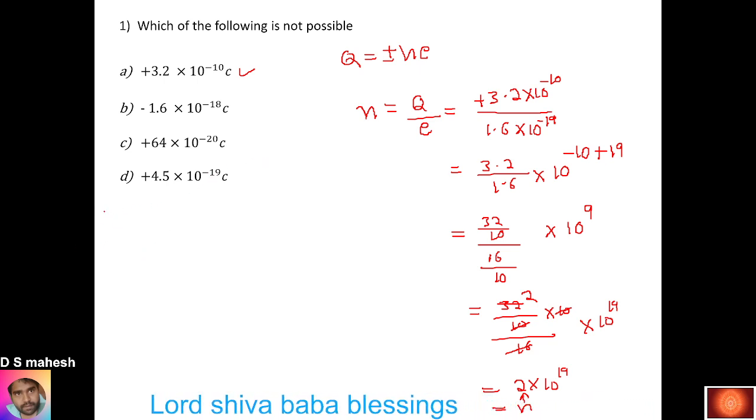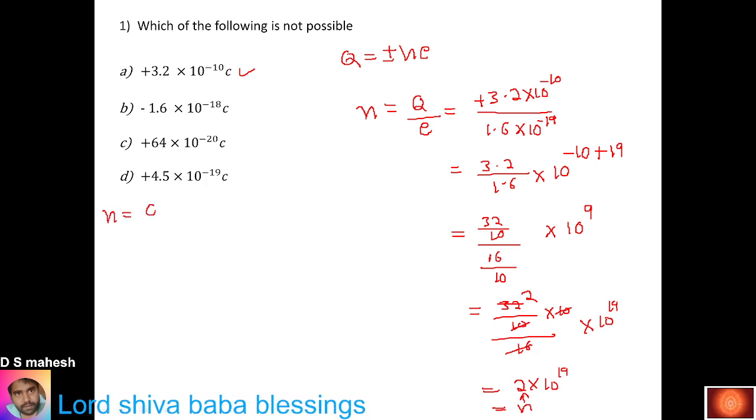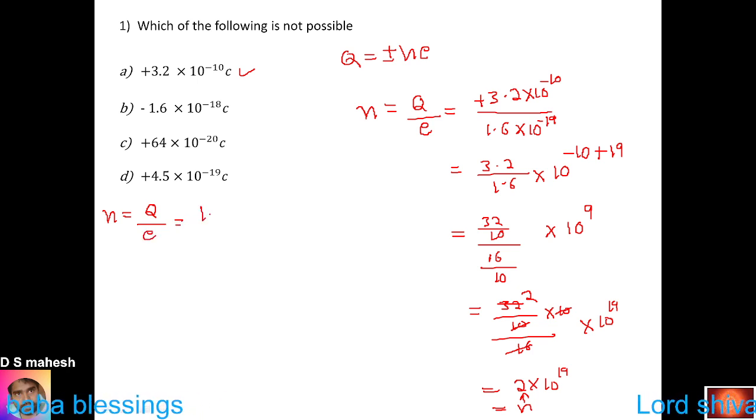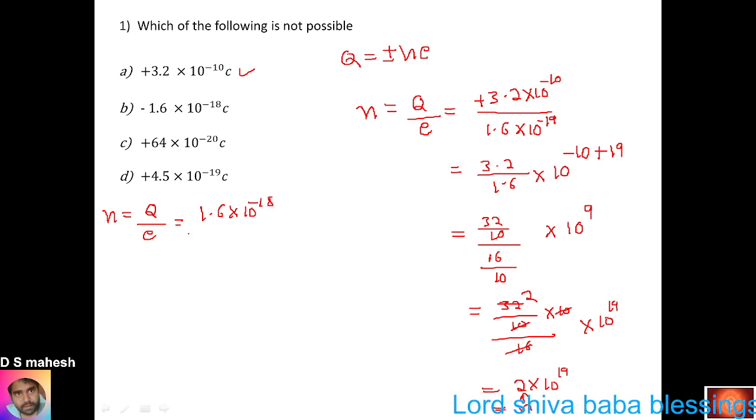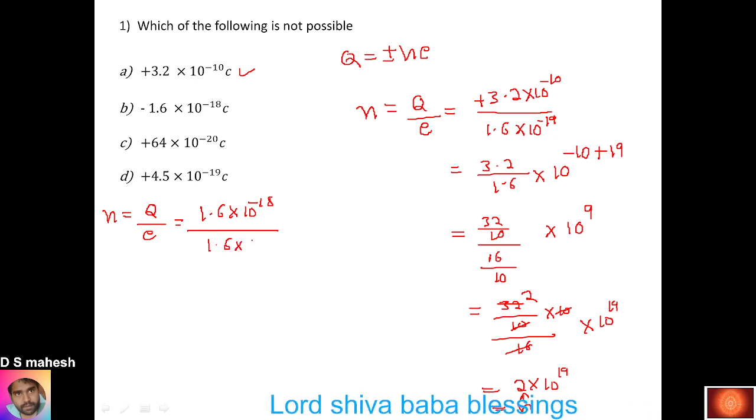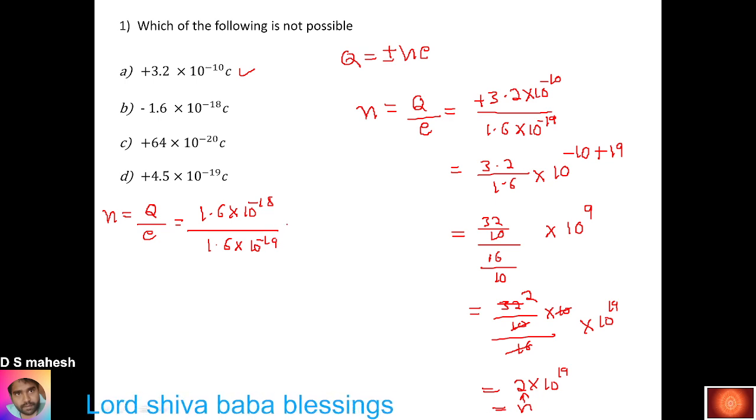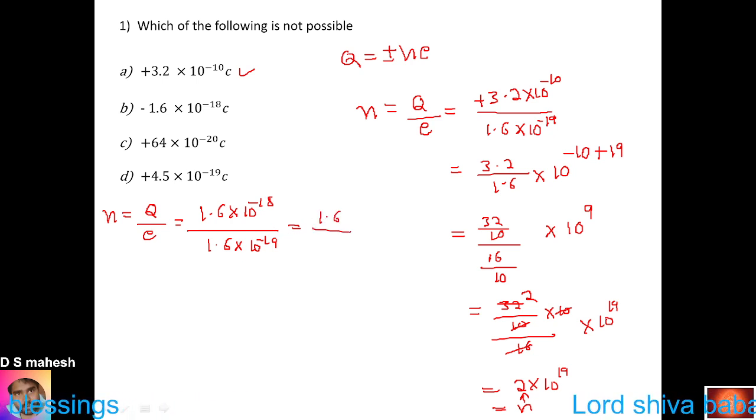N is equal to q by e. So it is 1.6 into 10 to the power of minus 18 divided by, again e is how much, 1.6 into 10 to the power of minus 19. So first solve out the exponent side.